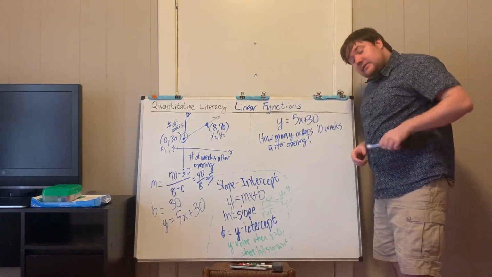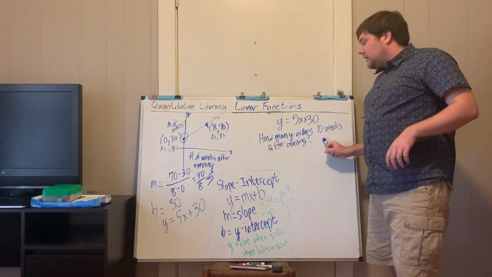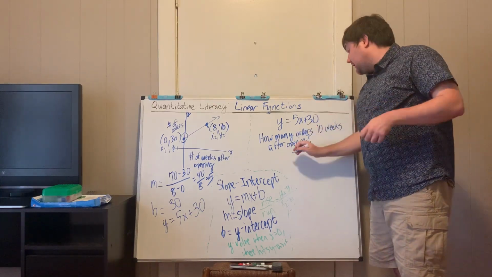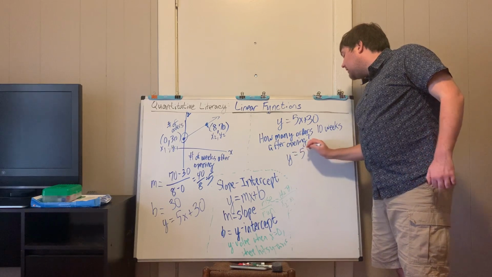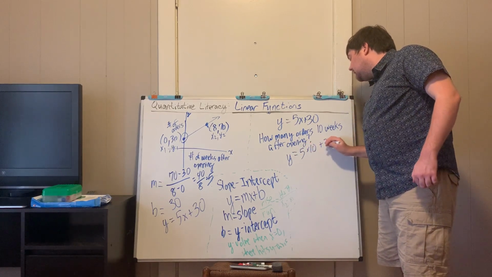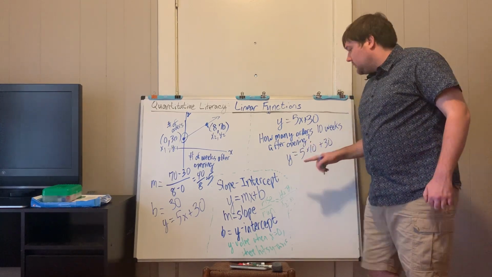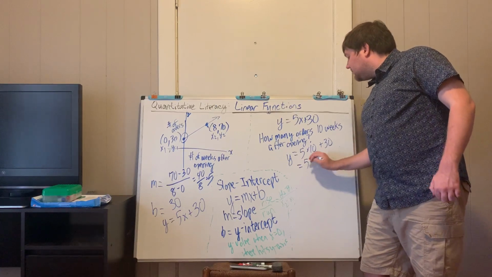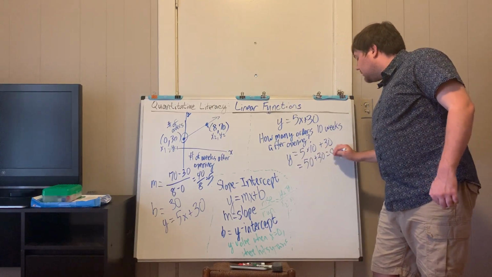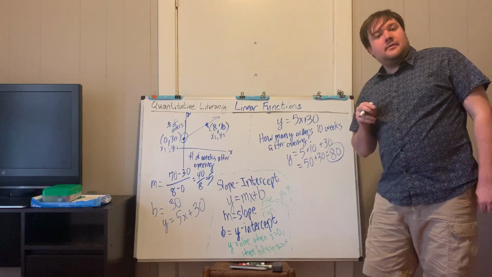In this case, 10 is going to be our x value. And so we can say y is 5 times 10 plus 30. 5 times 10 is 50 plus 30 gives us 80.